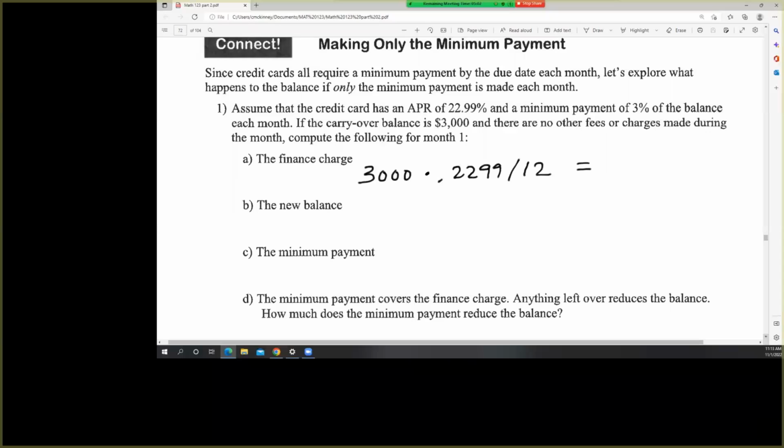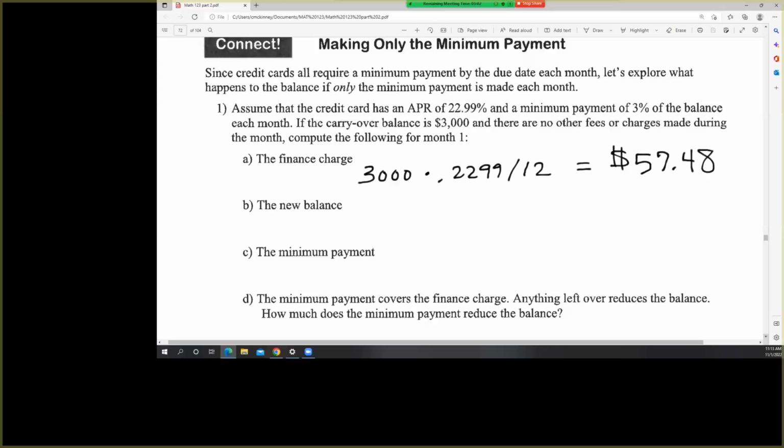So how much is the finance charge? 74.75, I didn't get that. Check that you typed in the same thing. 0.22, 0.2299. Okay. $57.48.